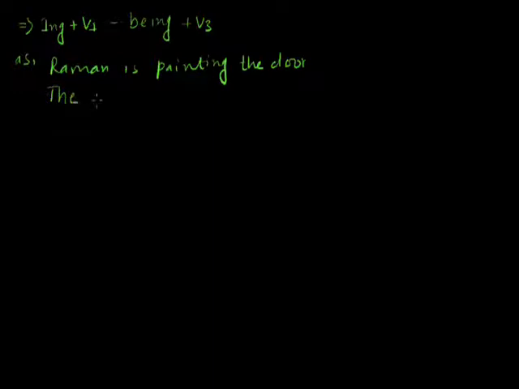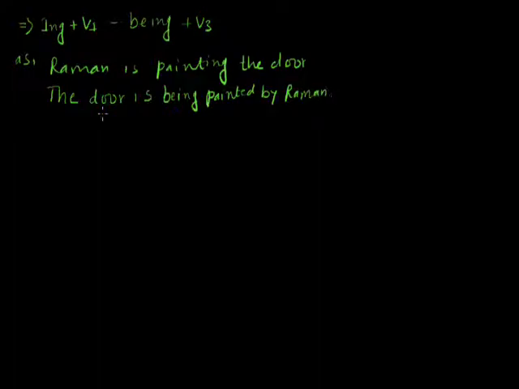The door is the object of the sentence above, and then we will add the helping verb is, because the door is singular here. Then we will add being after the helping verb, and then remove ing from the verb paint and make it the third form, so it will be painted. Then by, and then the doer of the action, that is Raman.